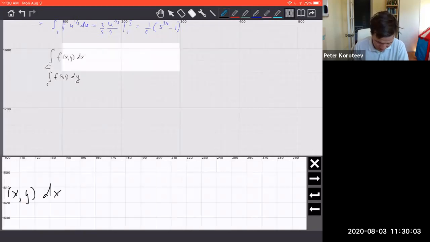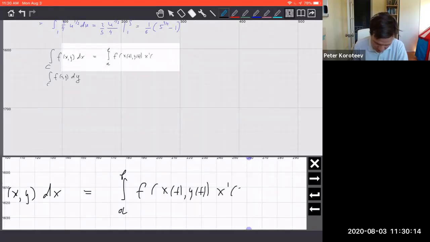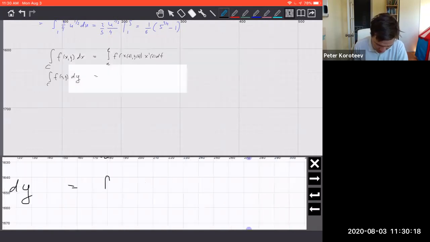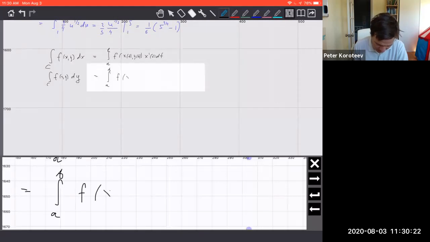So then this integral will be equal to the integral from a to b of f of x of t, y of t, times x prime of t dt. Just for simplicity, I'm giving the example from 2 dimensions, and here it's the integral from a to b of f of x of t, y of t, times y prime of t dt.